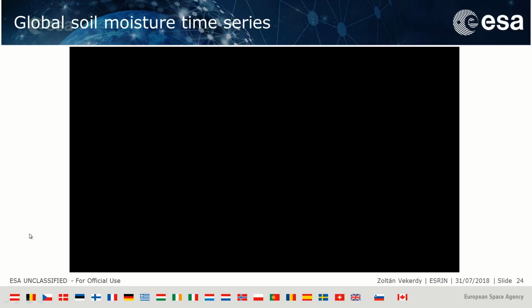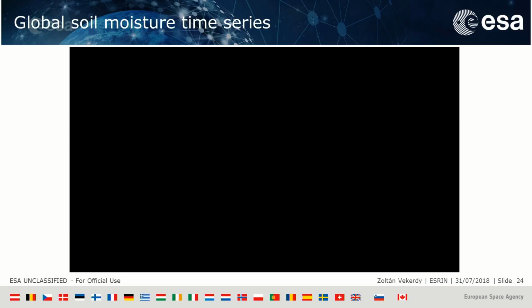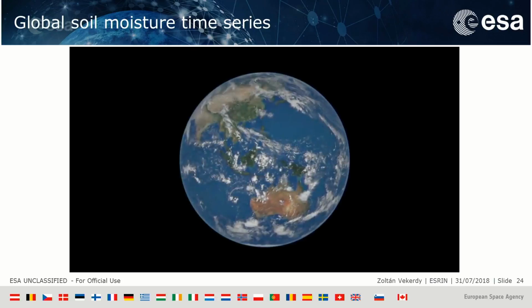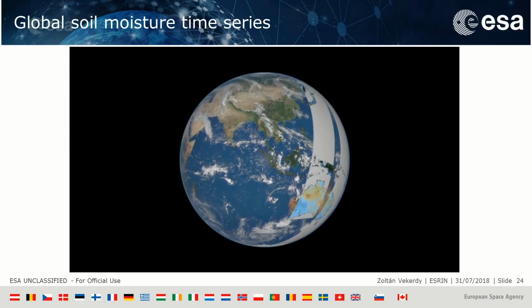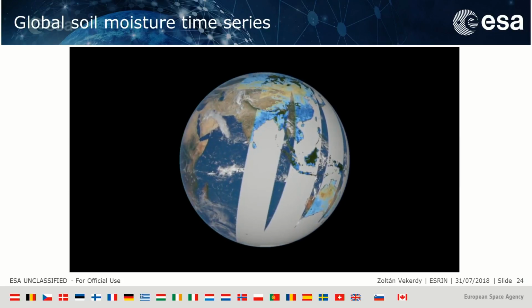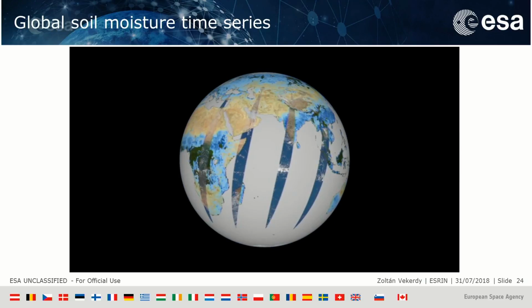And just to entertain you, I downloaded this video, which unfortunately, or maybe luckily, I don't know, doesn't have any narration, but it's a very nice animation made from the data set. Was it not you who made this animation? You guys. You said that you were making animations for ESA.